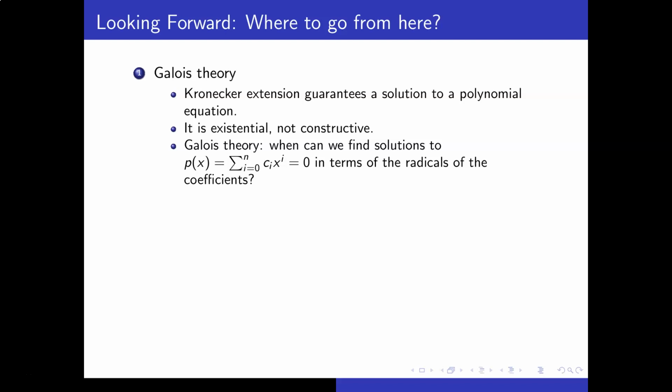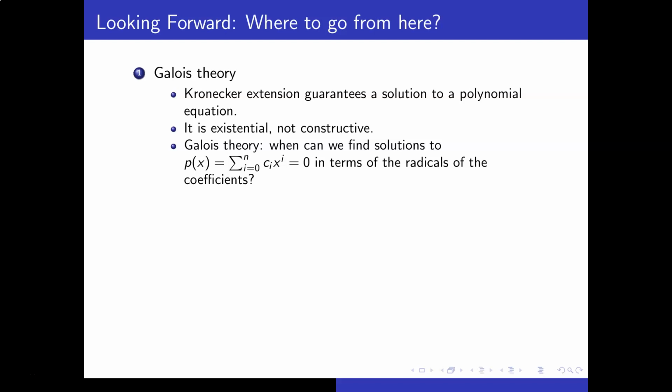So Galois theory deals with a specific case of looking at polynomials. You want to find a zero of it, and when can you find a solution to that in terms of radicals of the coefficients? Think about your quadratic formula. If you look at ax squared plus bx plus c equals 0, you can find a solution to that in terms of a, b, and c, the coefficients.